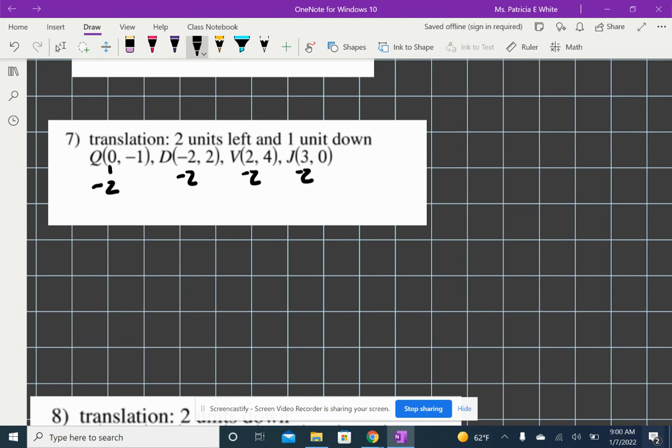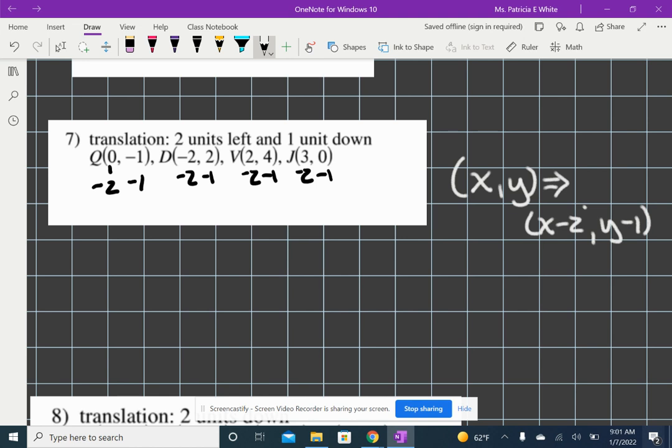Y, 1 unit down, so every y, I'm going to subtract 1. Okay? So my rule, x, y goes to x minus 2, comma, y minus 1.